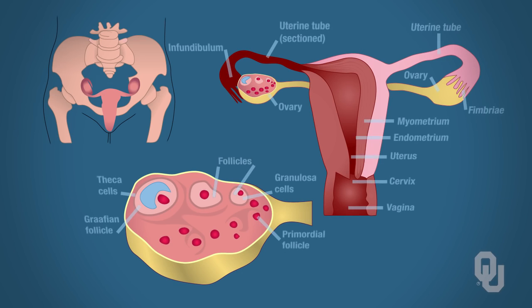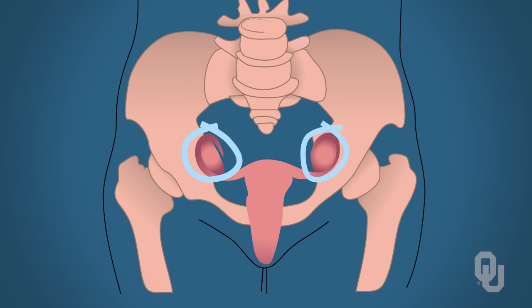Now on to the functional anatomy of the female reproductive tract. To begin with, let's look at the location of the ovaries. There are two ovaries. We have bilateral symmetry, so if you divide this image in half, there's an ovary on the right and one on the left. Let's zoom in on one of these ovaries.